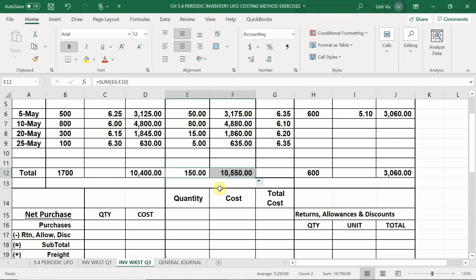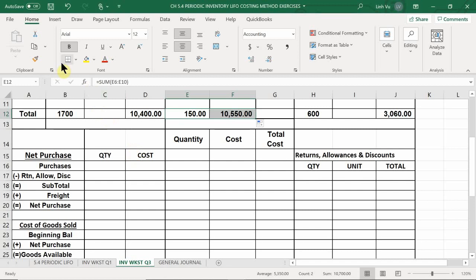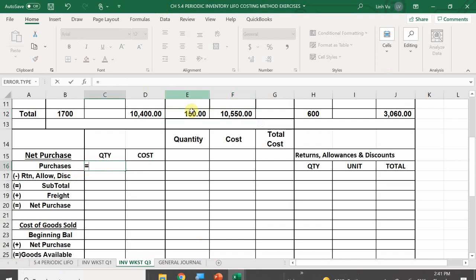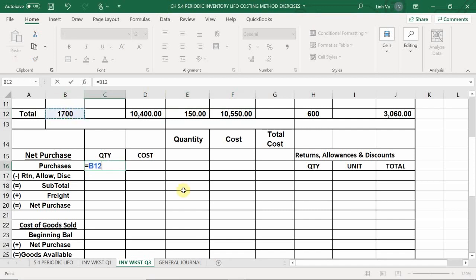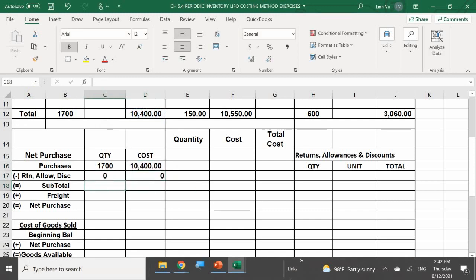Now that we have our information here, let's plug those numbers into our net purchases. This one's straightforward, right? We purchased 1,700 items at a cost of $10,400. We're assuming there are no returns and allowances, so if we subtract 0, we should get those same exact numbers.